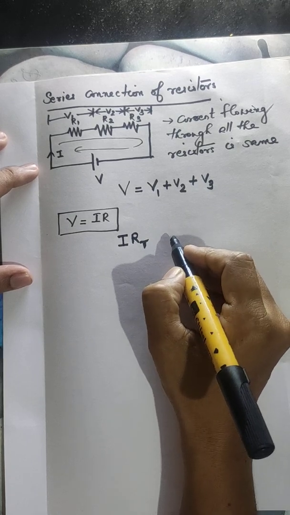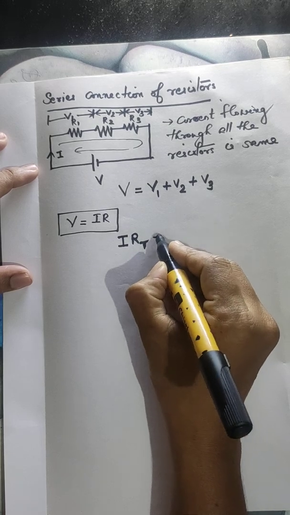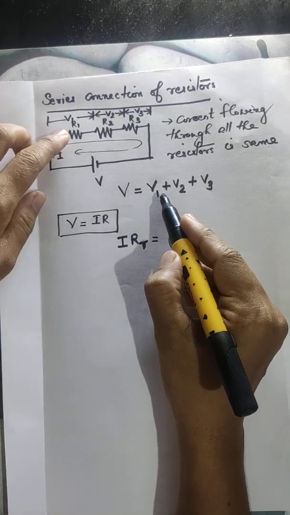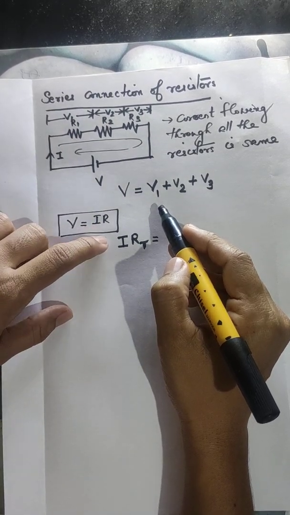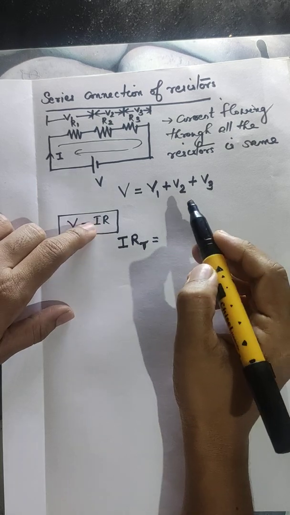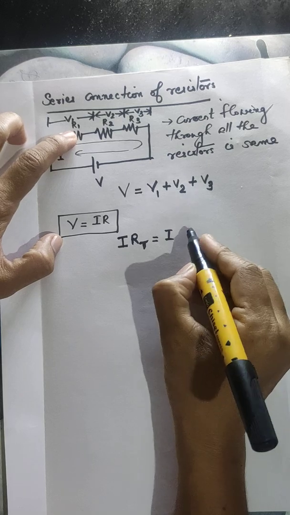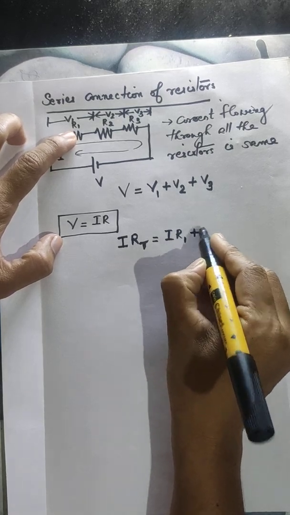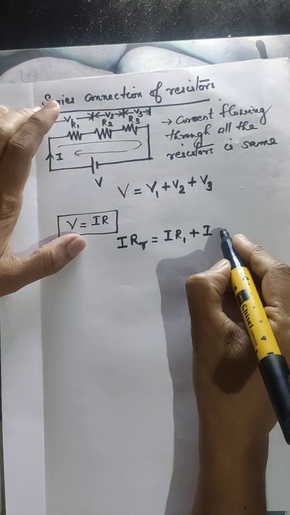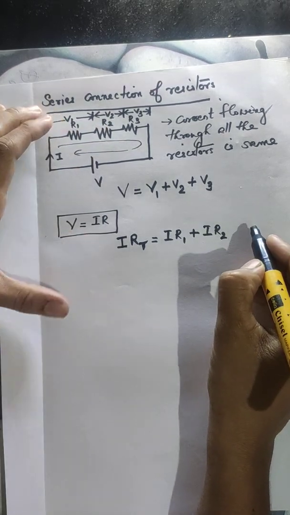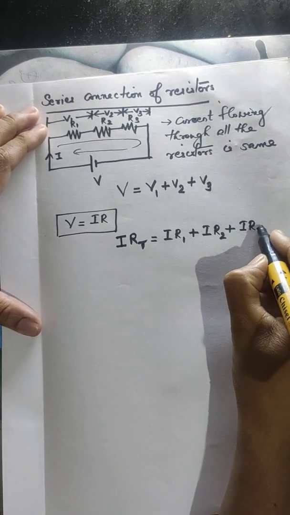So I times RT denotes the total voltage appearing across this circuit, which is equal to V1, the voltage across resistor R1, which also has the equation I into R. So V1 is equal to the current flowing through R1, which is I into R1. Similarly, V2 is the current flowing through that resistor, that is I, into the resistance of that particular component, R2. Similarly, V3 is I into R3.